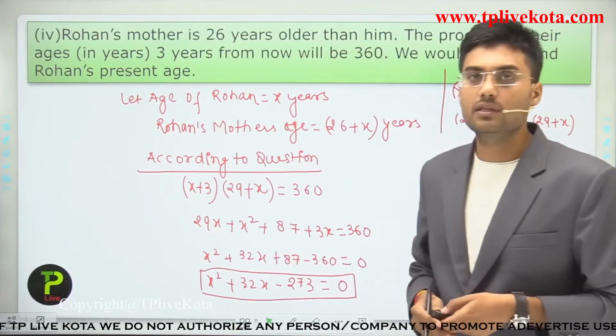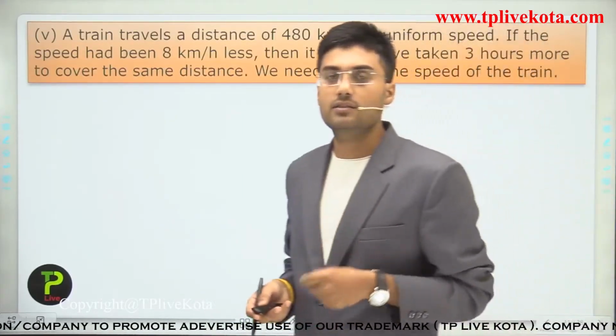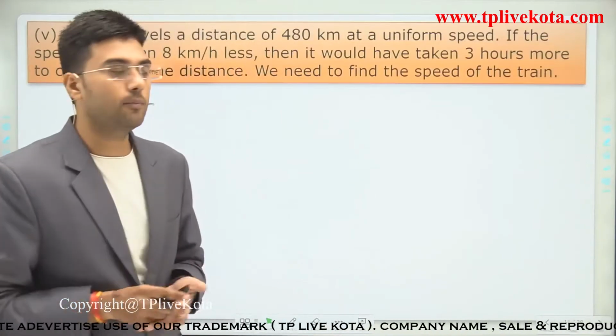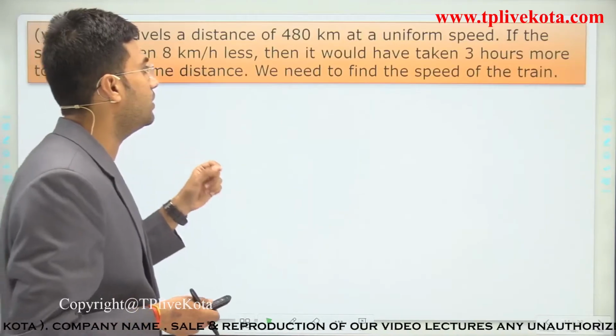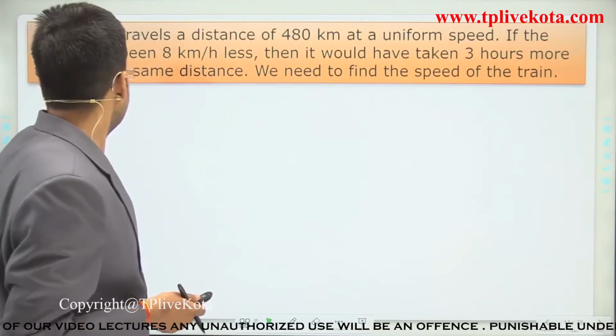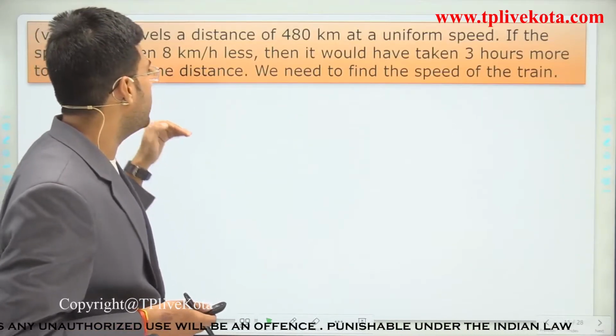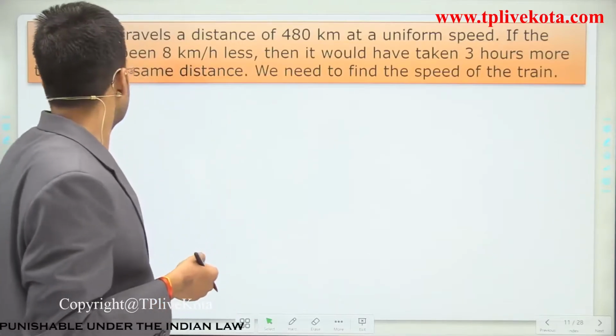So after this, let's move to the next, and this is the last example of word problems. A train travels a distance of 480 km at a uniform speed. If the speed had been 8 km per hour less, then it would have taken 3 hours more to cover the same distance.